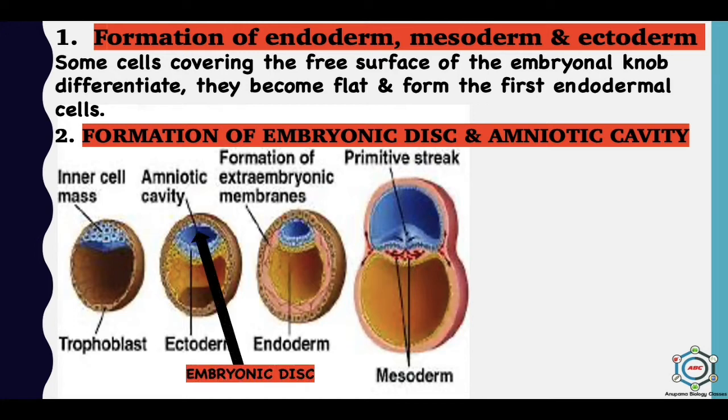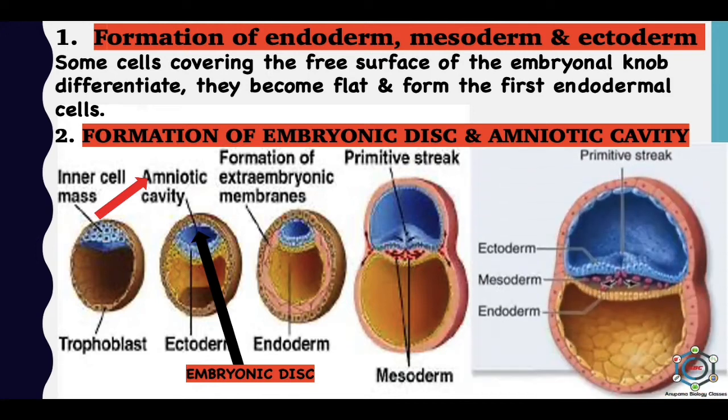Then a space appears between the embryonic disc and the trophoblast, which is called the amniotic cavity, which is filled with amniotic fluid. After this, at the hind end of the embryonic disc, the cells start to proliferate at an increased rate, and these proliferated cells later detach from the embryonic disc and spread between the trophoblast and the endoderm.